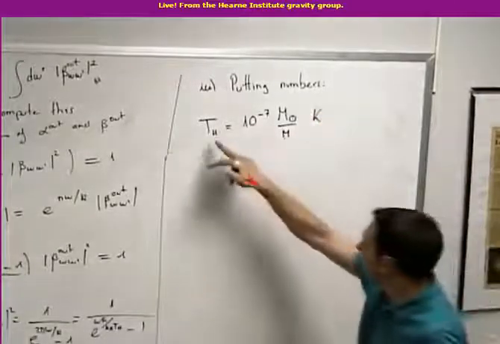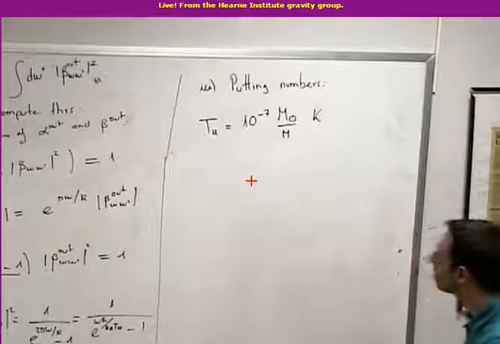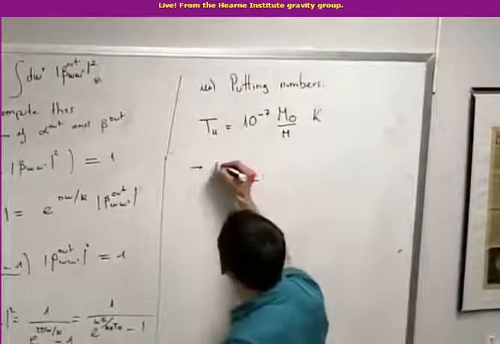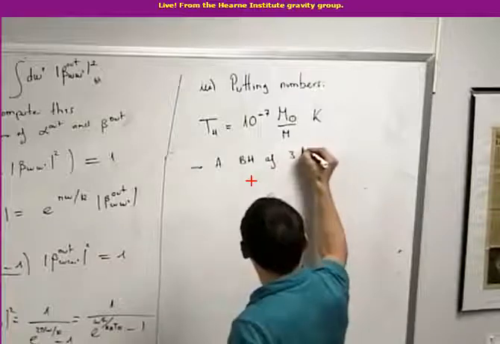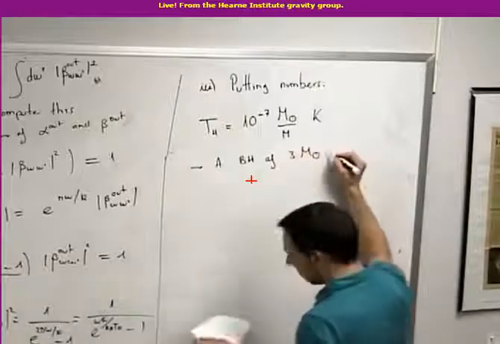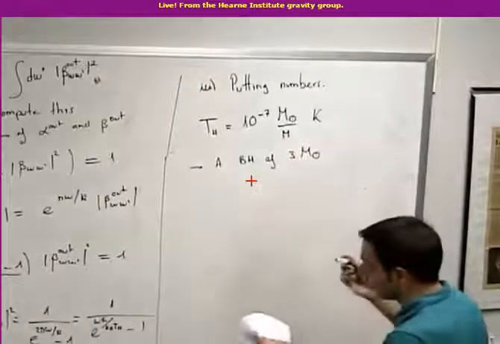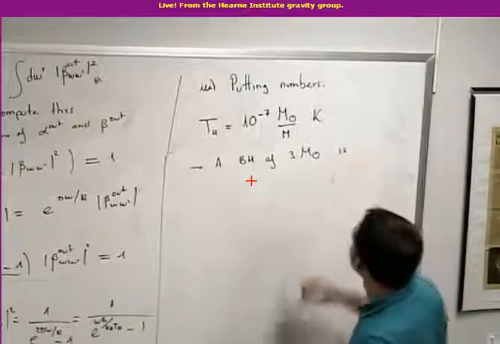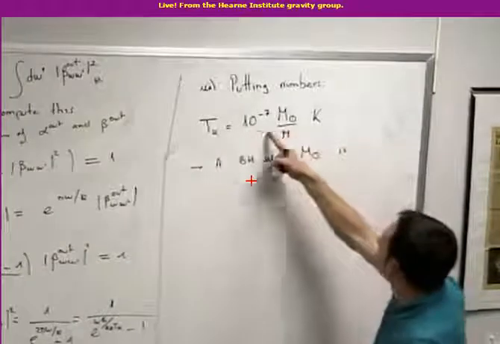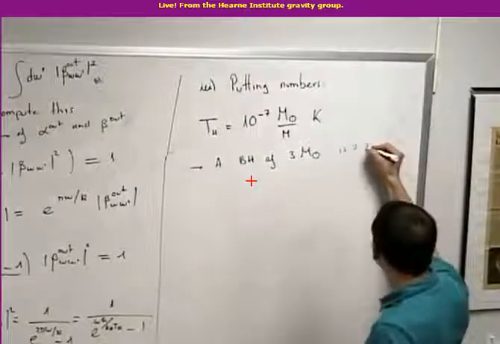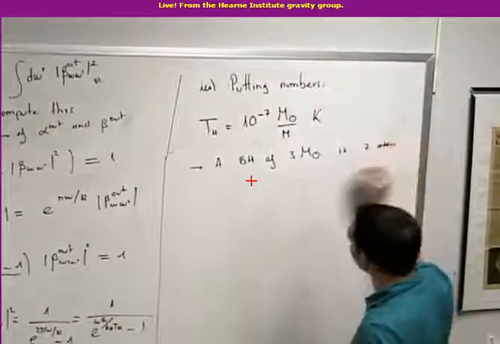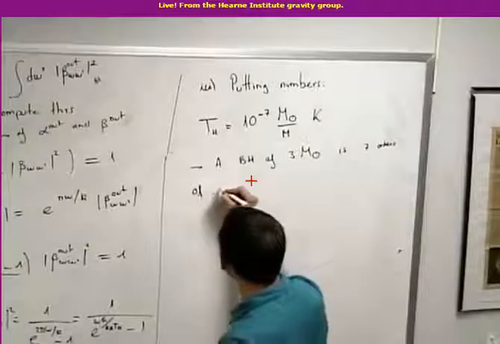So temperature is proportional to 1 over the mass. Therefore, a black hole of 3 solar masses is 3 times 10 to the minus 7 Kelvin. That will be the temperature. So it is 7 orders of magnitude cooler than the CMB.